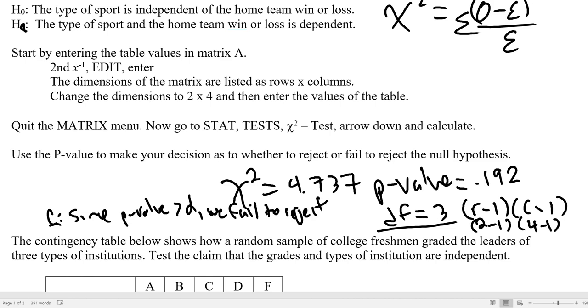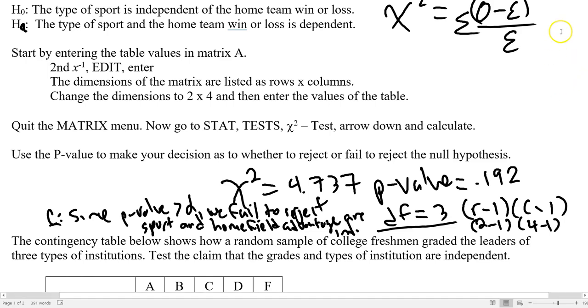The two categories, the sport and the home field advantage. We fail to reject that they are independent. Okay? So that's it. That's how you run this test.